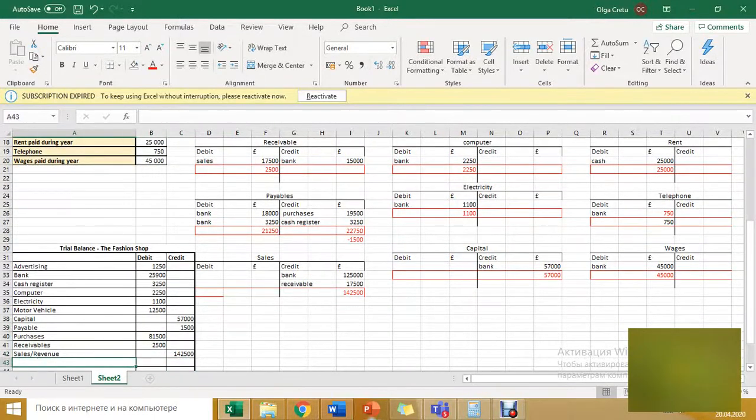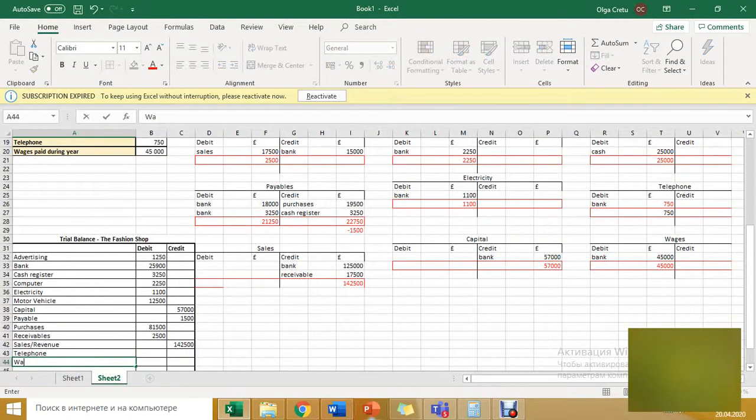And then we have the telephone, which is also an expense, telephone. And we have the wages. So both of them are going under the debit transactions. So we spent 750 for the telephone, and we have 45,000 for the wages.